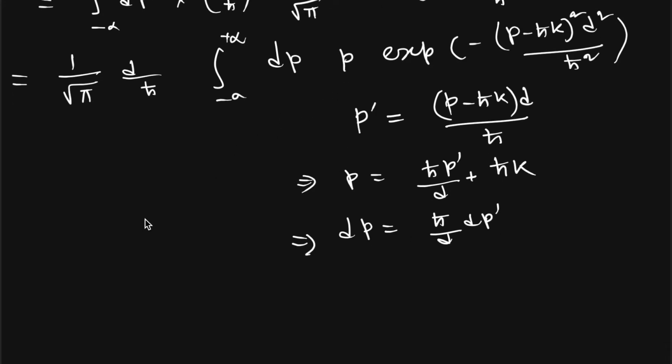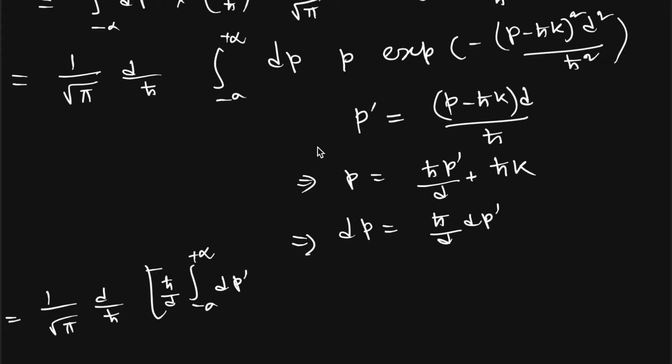If we put the value here, we get 1 by root pi, t by h cut, integral from minus infinity to plus infinity, dp means h cut by t dp prime. This p will be h cut by t p prime plus h cut k, exponential of minus p prime square.